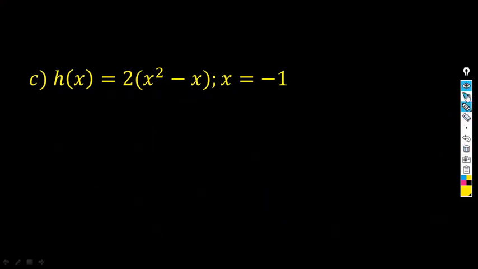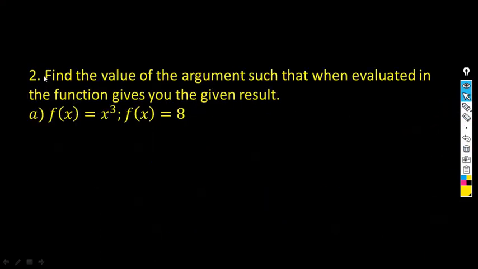Okay, now what about going backwards? Look at this other exercise. Number 2, find the value of the argument such that when evaluated in the function gives you the given result. So now this is the backwards process.